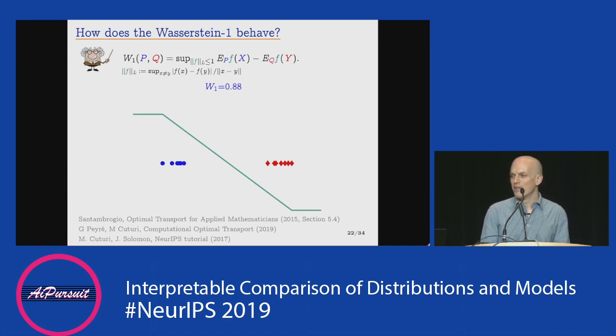Okay, so how do I define the Wasserstein 1 divergence? This is an integral probability metric, but it's using a different function class to the one that I use for maximum mean discrepancy. So I'm using a function with a Lipschitz norm bounded by 1. Okay, I've defined the Lipschitz norm on this slide, but intuitively the way to think about this is to think of a function whose gradient is upper bounded by 1 all over the space.